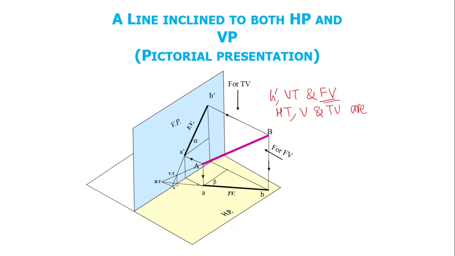These are the two important points to remember. H dash VT and front view are collinear. Similarly, HT V and top view are collinear.